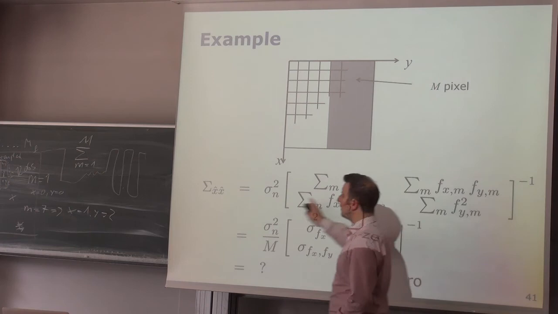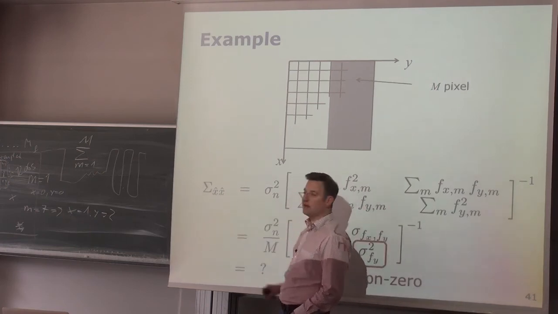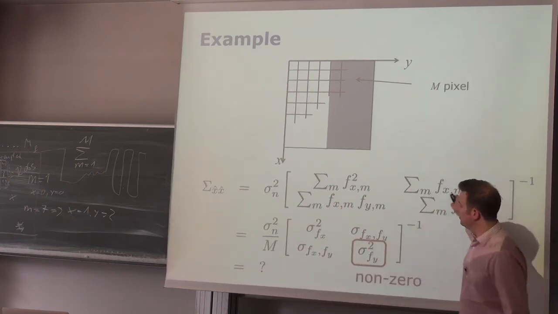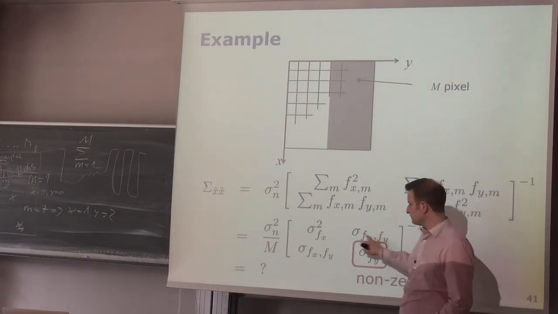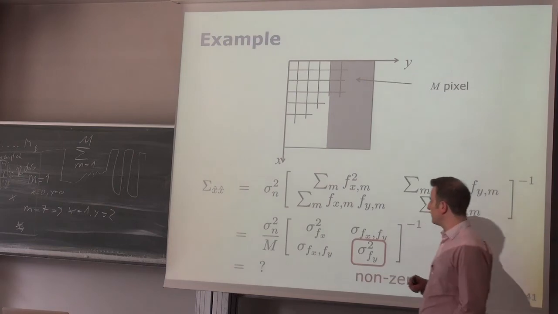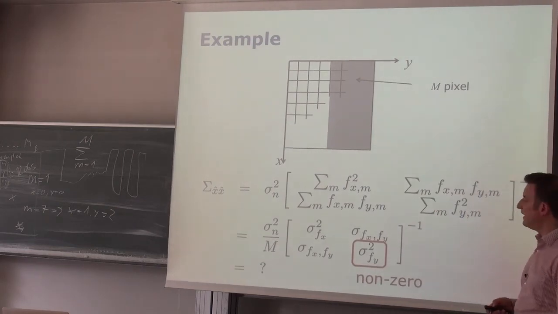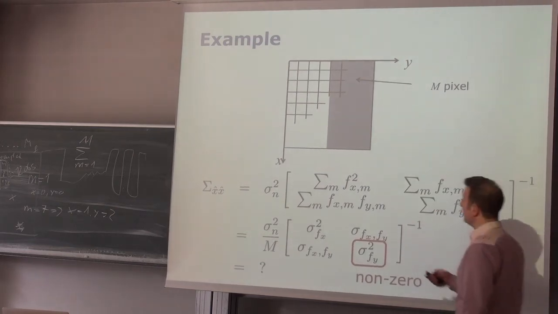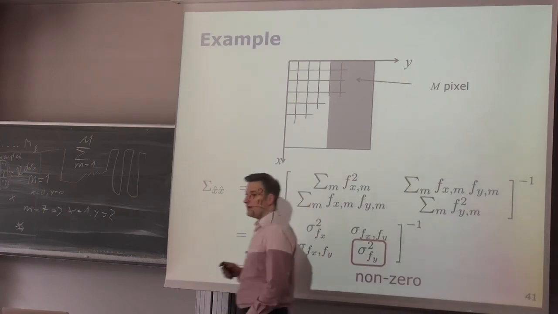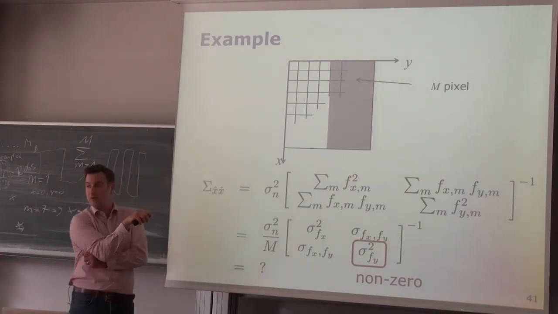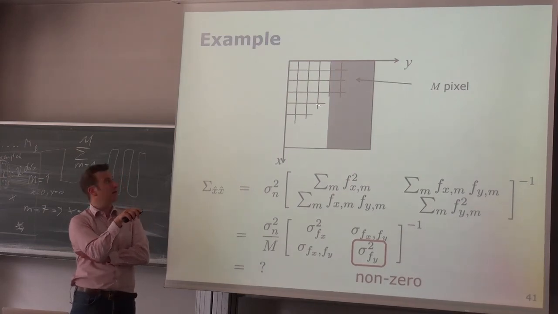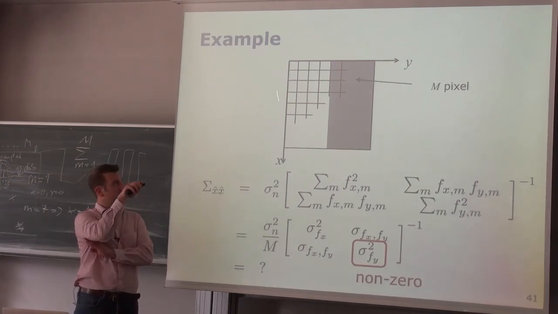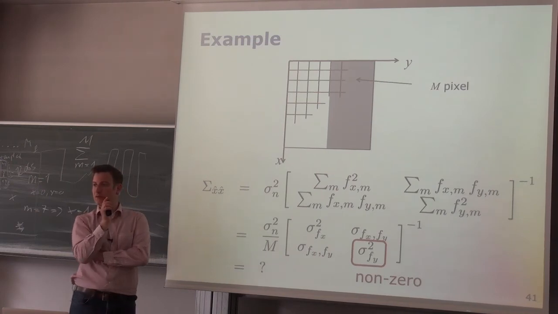I'm going to simply write down the shift estimate and sum up the gradients, which is exactly the same as I had before, just copying what I had in the previous slide. And if I now look at these individual values, how do the gradients in the x direction look? What is the sum of the gradients in the x direction here? X is this direction. 0. So all 0.